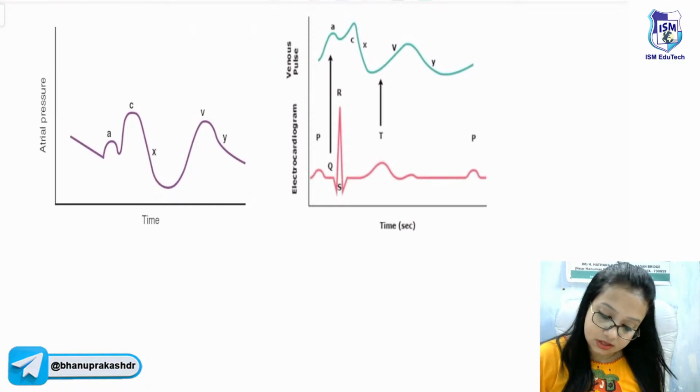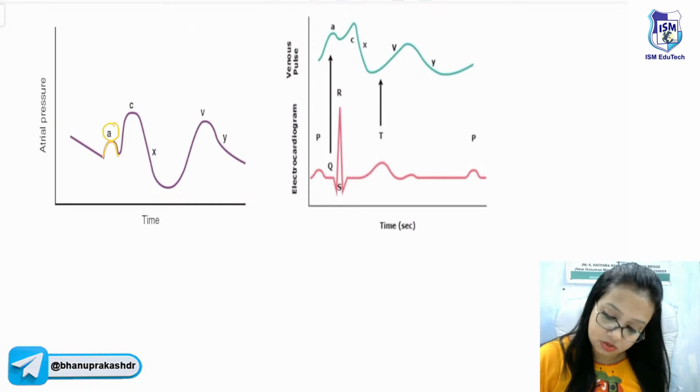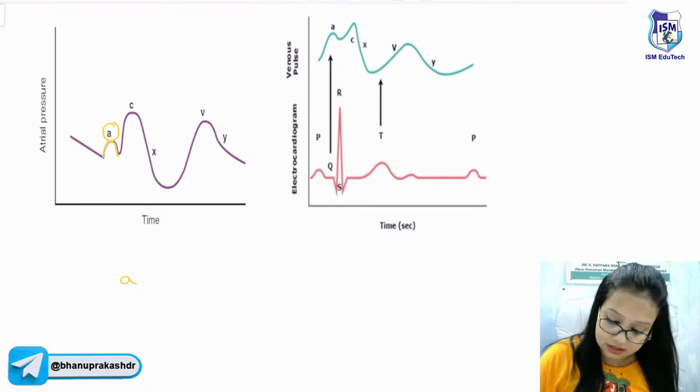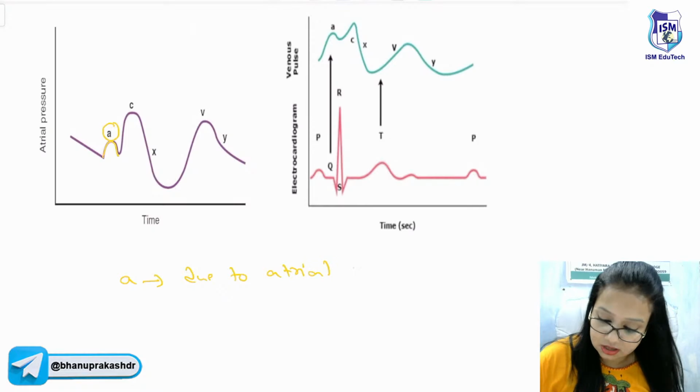So this A wave, what is the A wave due to? A wave is due to the contraction of the atria. This is due to atrial contraction.